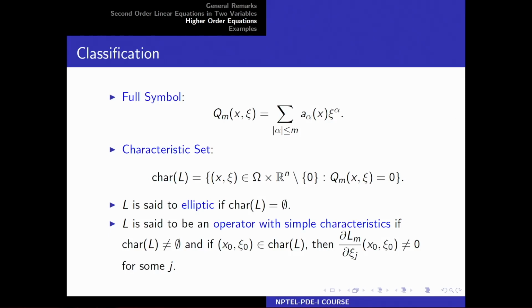So, here it is not at all easy to proceed further, but I just want to make one remark here about an operator or a class of operators. So, when that characteristic set is non-empty, and it has some further properties, those zeros.